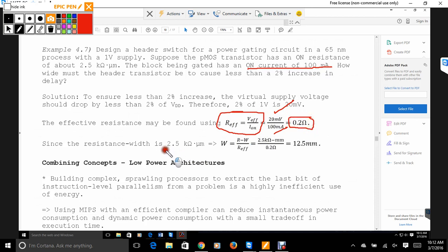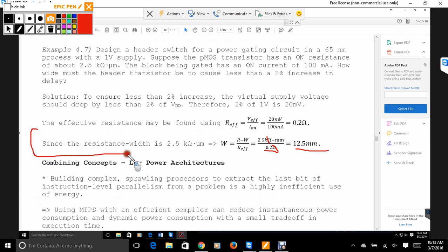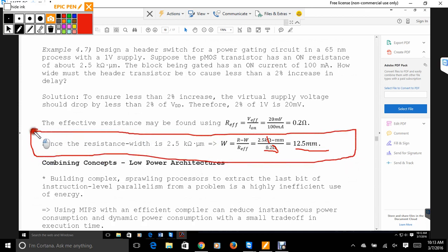And since we know the resistance times width is 2.5 kilo ohms per micrometer, we can determine the width that we need by just dividing 2.5 kilo ohms by the effective resistance here. These cancel out. And this becomes 12.5 micrometers. So the width that we need for our power gating block is found using that equation.